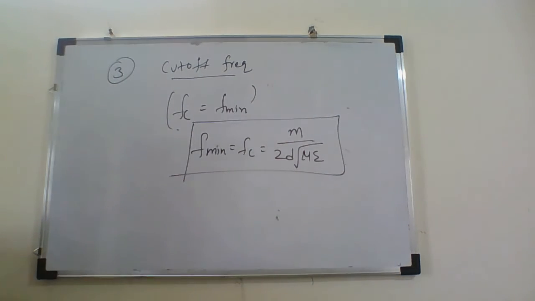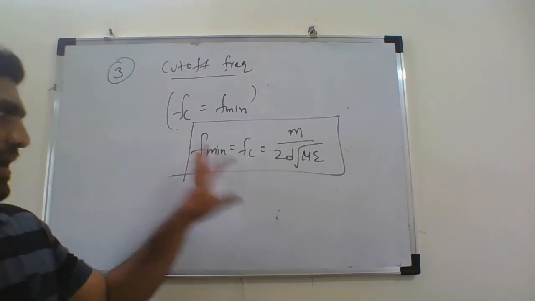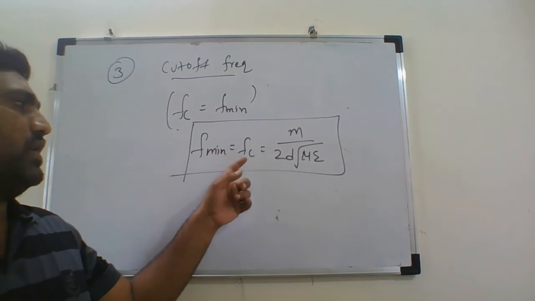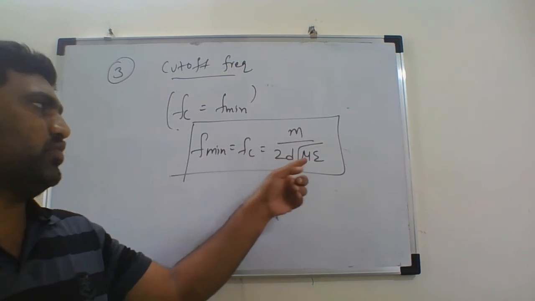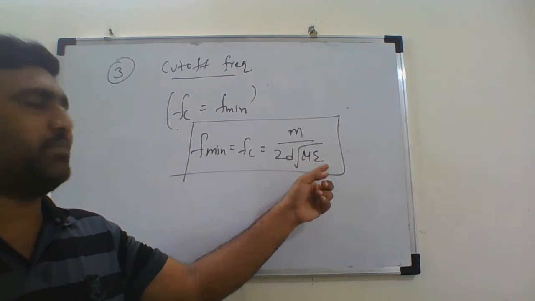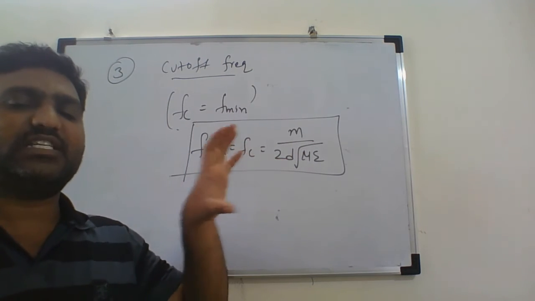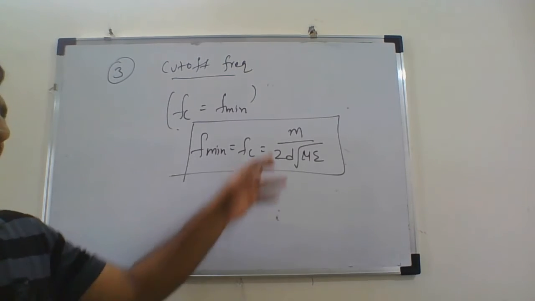This is the minimum cutoff frequency that is possible in the transverse magnetic wave, the same as in the TE case. So f minimum is equal to fc is equal to m by 2d into root mu epsilon. Mu is the permeability, epsilon is the permittivity of the medium, d is the distance between the two plates of the parallel plate waveguide, and m is the mode.